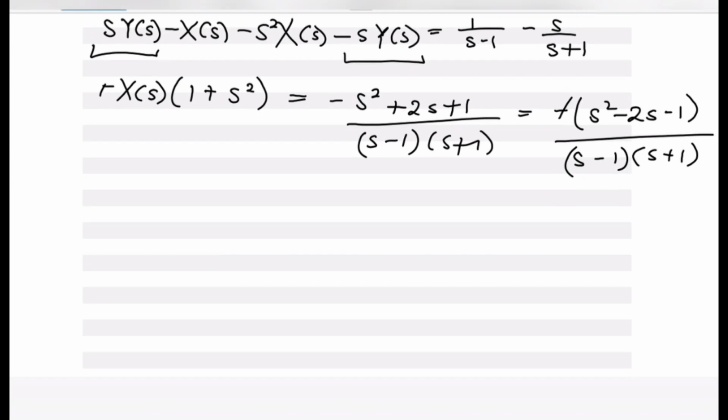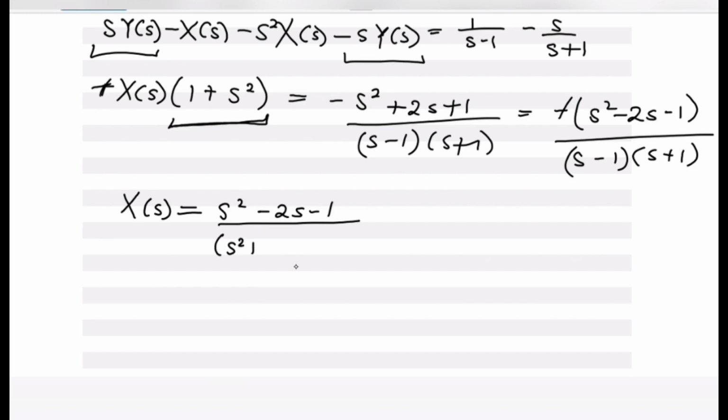If we do that and divide both sides by this, our X(s) is simply going to be s squared minus 2s minus 1 all over s squared plus 1, s minus 1 and s plus 1.